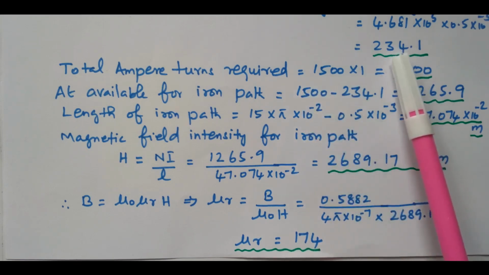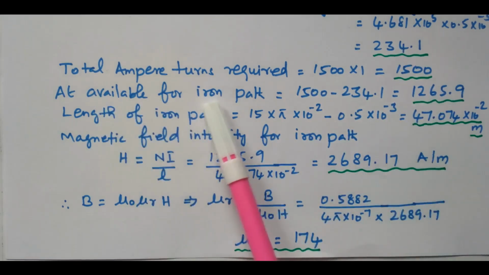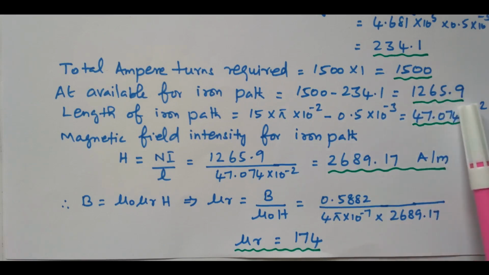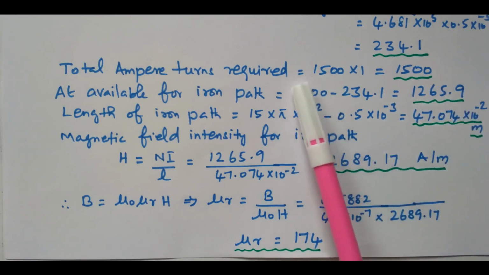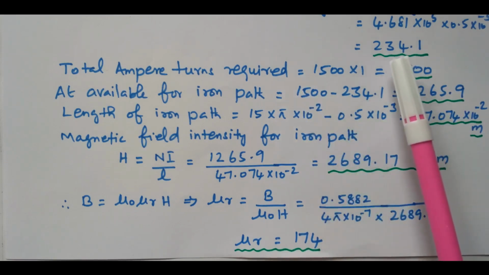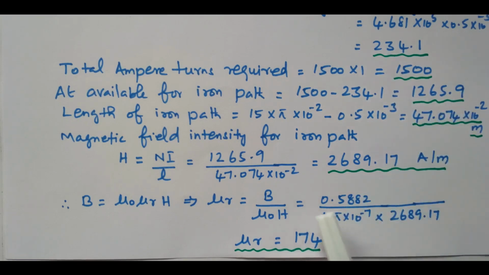From that, if you subtract the air gap MMF, we will find the MMF available in the iron path. Net iron path will be 1265.9. So from the total MMF, if we subtract the MMF in the air gap, we will get the remaining value.